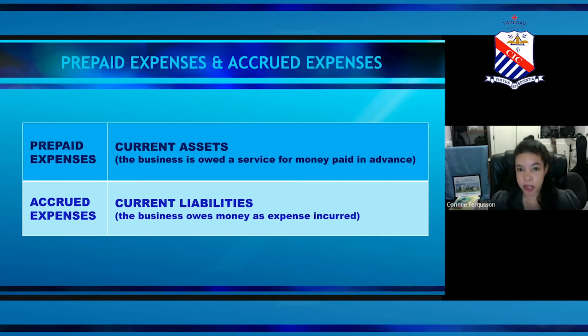With the postpaid phone, you use the phone and incur the expense first, and then you owe money. So you would have to pay money on it. That will be an example of an accrued expense or liability, because you owe that money now because you have incurred the expense.